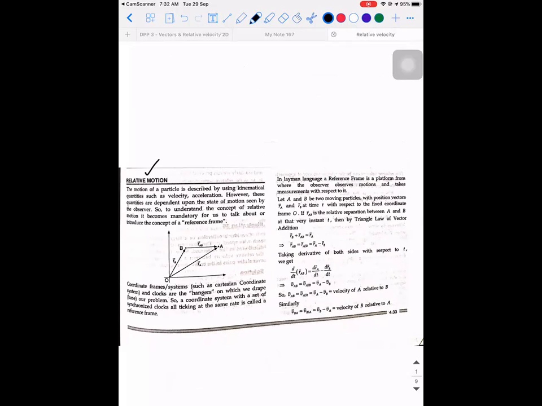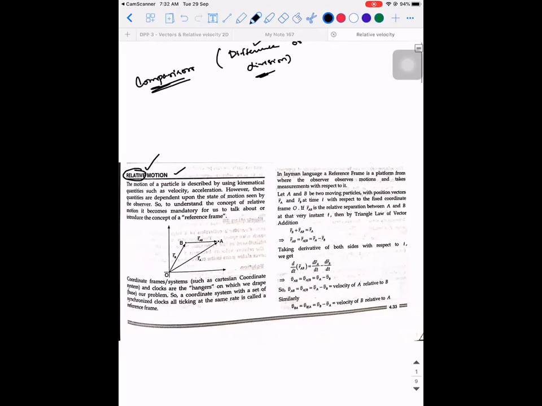In physics, relative means comparison. When you do comparison, you can do it in terms of difference or division. Here we are going to do a comparative study in terms of difference, which means we are going to see what exactly will happen for one object with respect to another.